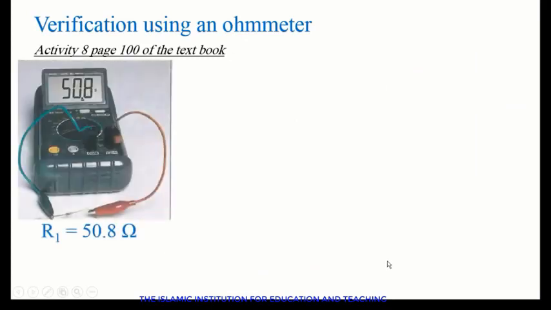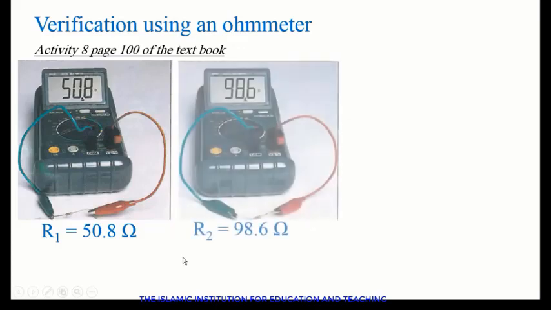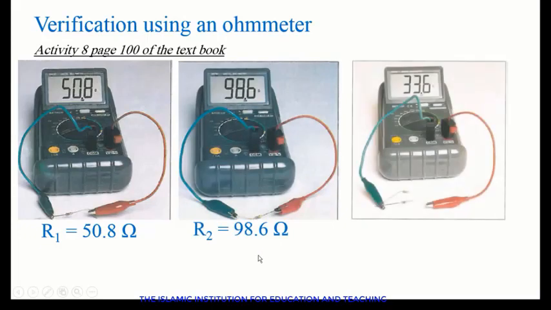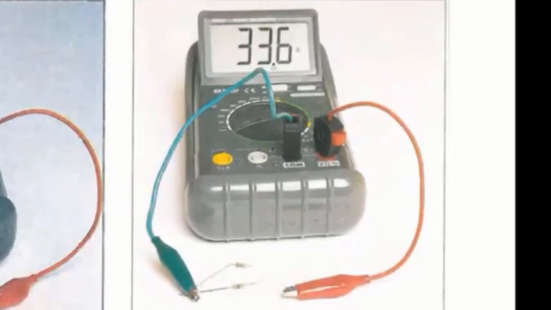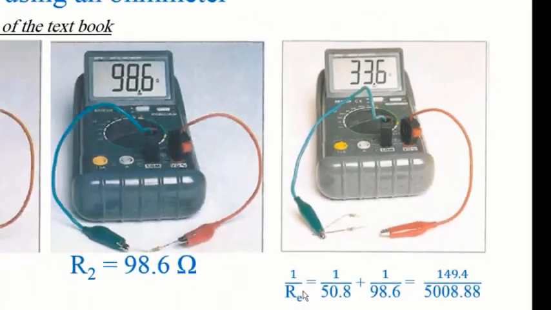Now let's verify this formula using an ohmmeter. The resistance of the resistor R1 is measured by the ohmmeter. The ohmmeter indicates 50.8 ohms. The resistance of the second resistor R2 is also measured. The ohmmeter indicates 98.6 ohms. R1 and R2 are grouped in parallel and the ohmmeter indicates 33.6 ohms.